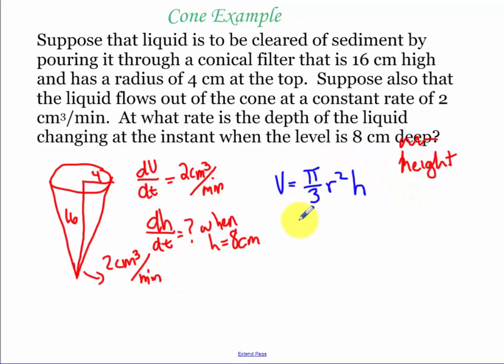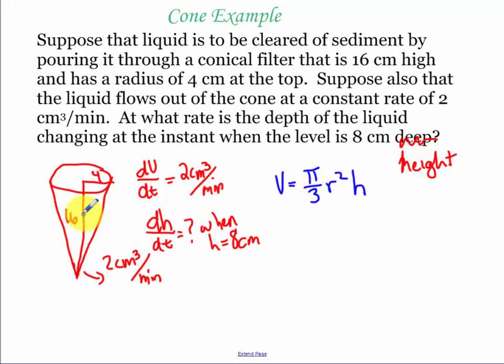Now, if I were to take a derivative of this, we would have a product rule because we have two variables, r squared and h, and we would have dr/dt. They don't tell us anything about how r is changing. So we need to essentially get rid of this r squared. So we need to write a relationship between r and h.